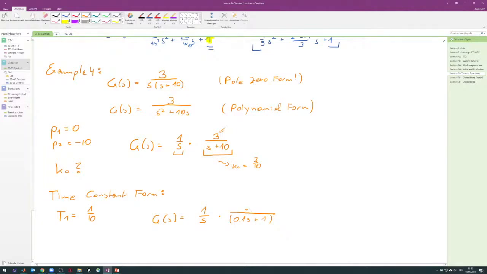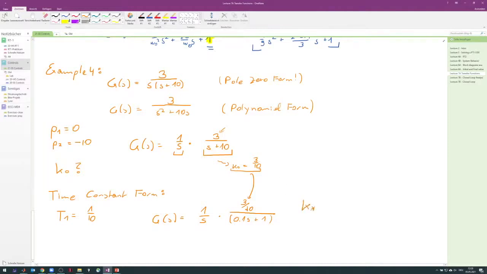What you need to put here, remember, in the time constant form, we immediately can put K0 and we need to put this guy in here. Maybe that's what you meant with isn't that the same? So you need to put 3 over 10 here. Otherwise, you're changing your gain when it's approaching 0. But now it's obviously a little bit strange to name that K0 because there is no static gain.